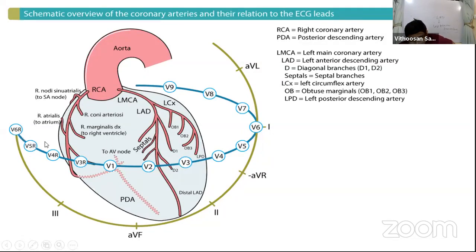You can put some leads on this side, the right side: V3R, V4R, V5R, to look at the right ventricle. Clear? Just have some idea. I will discuss in the ECG class.